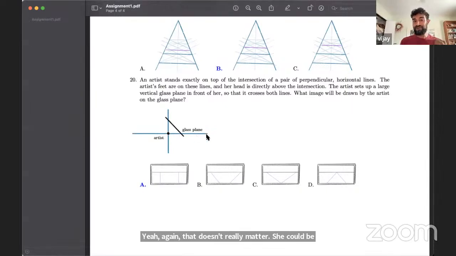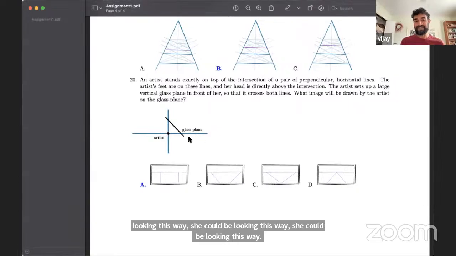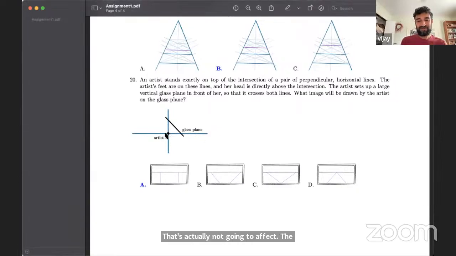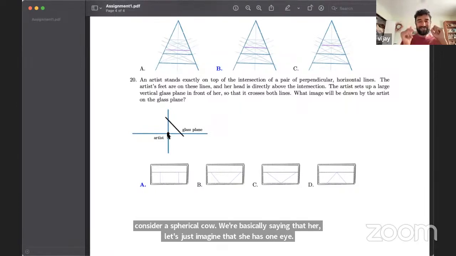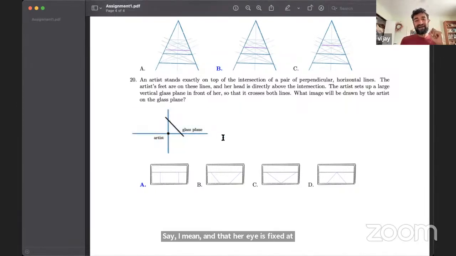That's actually not going to affect the drawing that she makes, because this is a bit of an approximation. This is like when physicists say, consider a spherical cow. We're basically saying, let's just imagine that she has one eye, and that her eye is fixed at this center point.